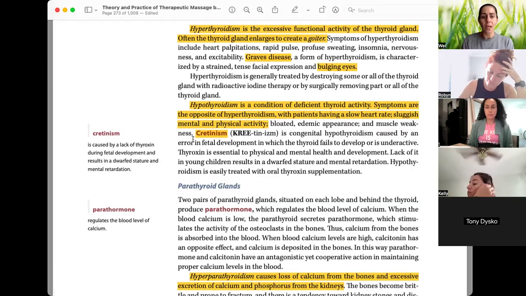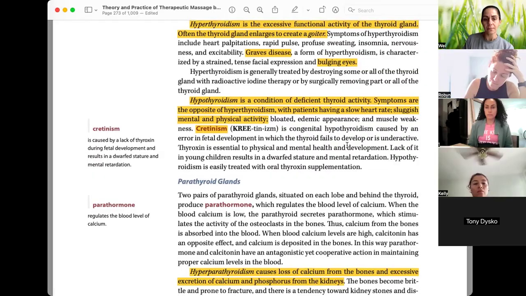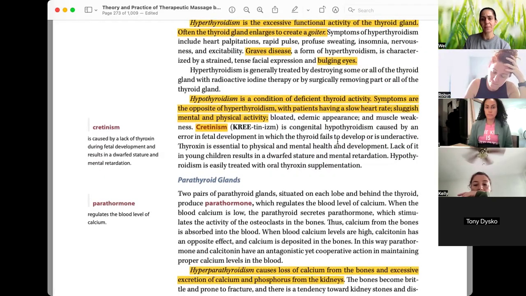Now, another condition here called cretinism is congenital hypothyroidism. So you're kind of born with it, right? At birth, something's off with the thyroid gland. And they help it with some medication, thyroxine supplements will make the difference, I guess.